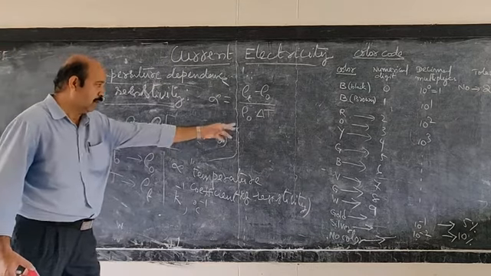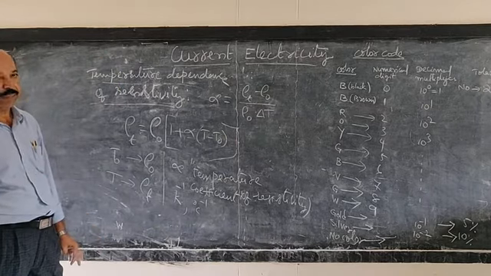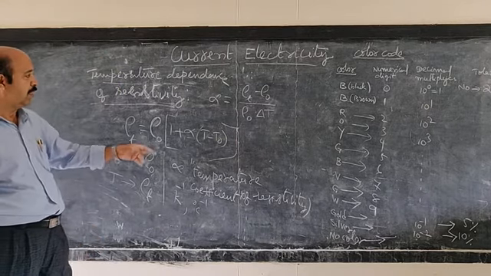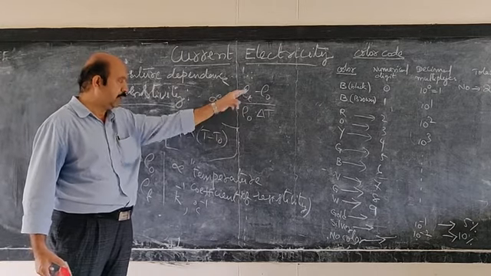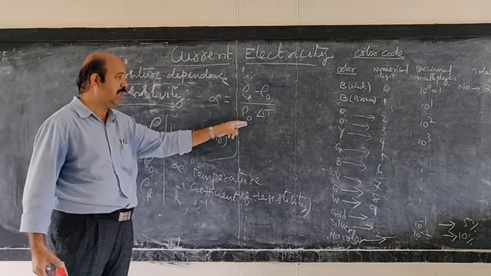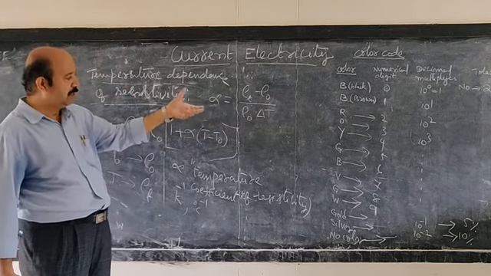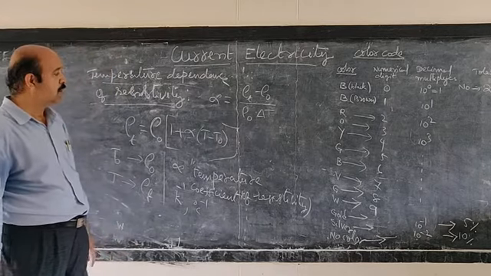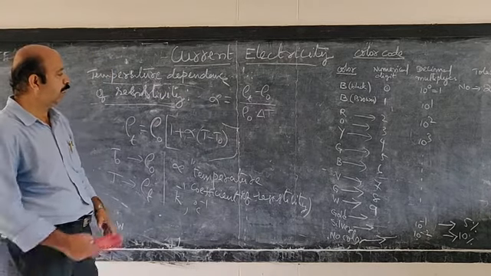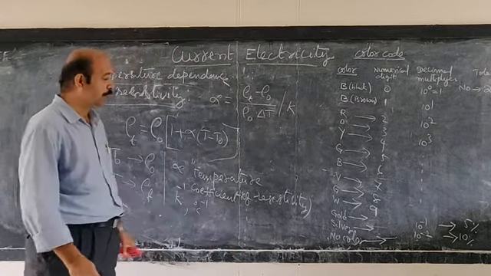Here rho naught is the resistivity at 0 degrees C. So we express this as fractional change in resistivity at 0 degrees C per unit rise in temperature. So that is how we define alpha value. Per Kelvin is the unit.